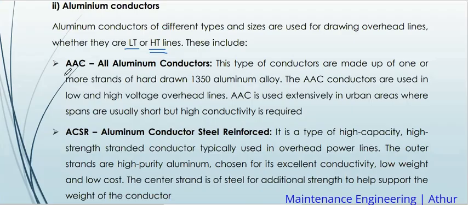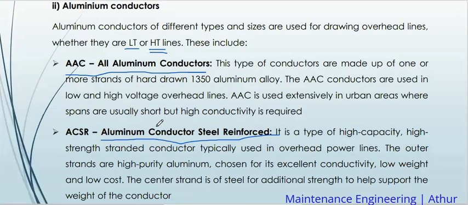So when we talk about ASC, aluminium conductors, these are conductors that are used up and they are made of aluminium. You will read through this and see. Then we have aluminium conductor steel reinforced. Now this aluminium conductor is aluminium, but it has a steel strand inside.